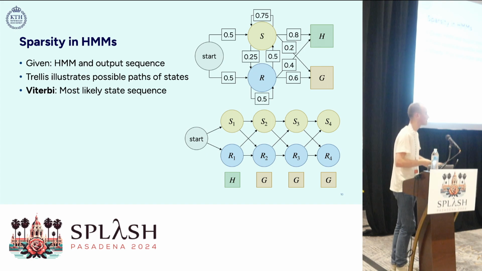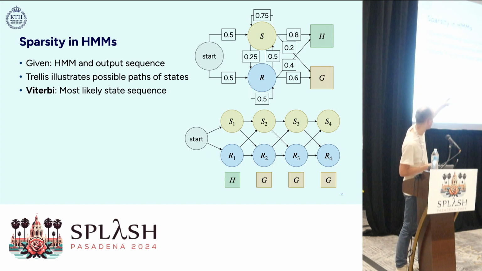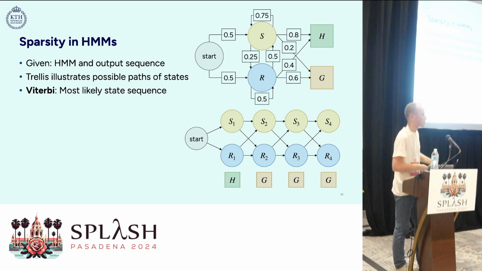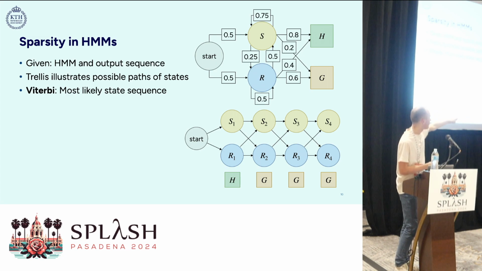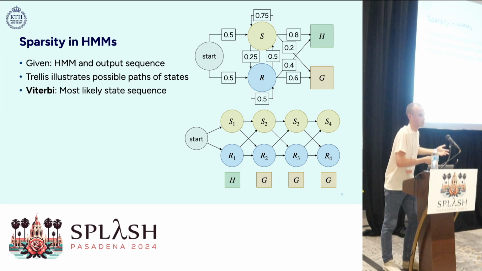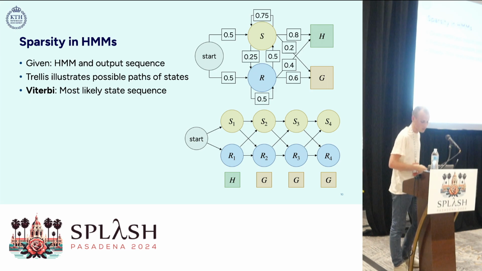We can compute that because we have the model with all the probabilities we need and the output sequence. What that means in this example is that Alice can, just using this model and looking at Bob's mood over a series of days, determine the most likely weather in his city. And at least I think that's pretty cool.